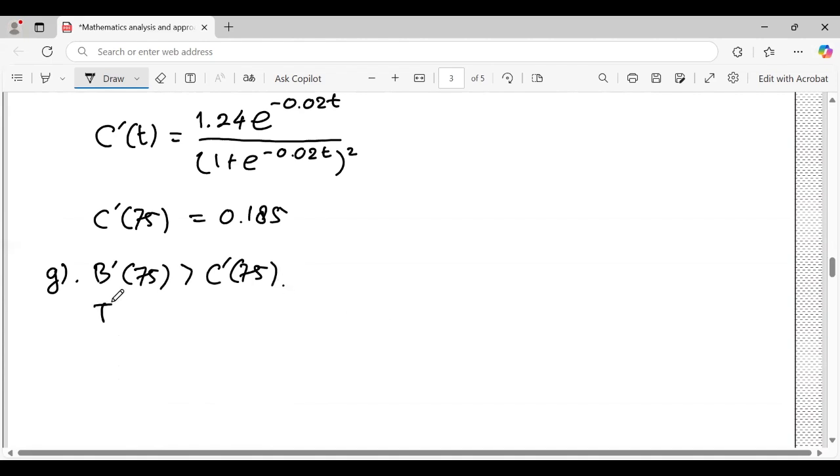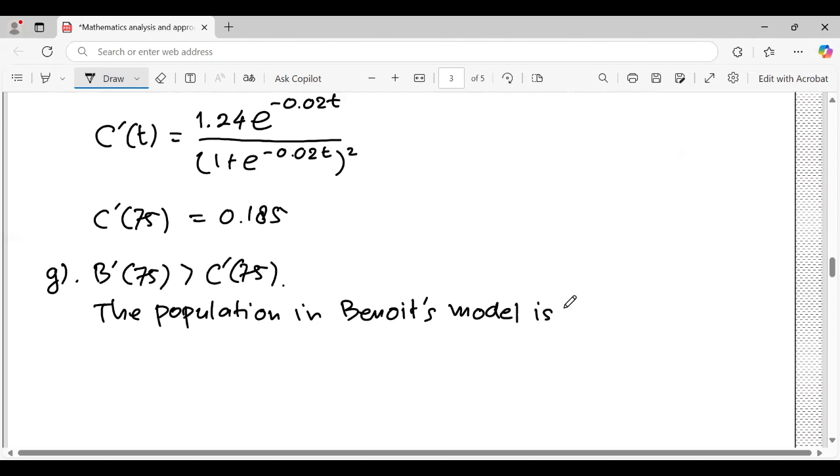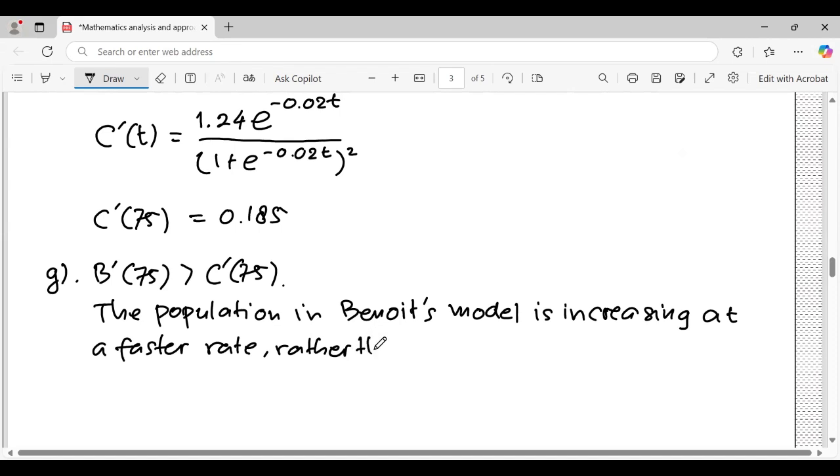It means we can state that the population in Benoit's model is increasing at a faster rate than in Cecilia's model.